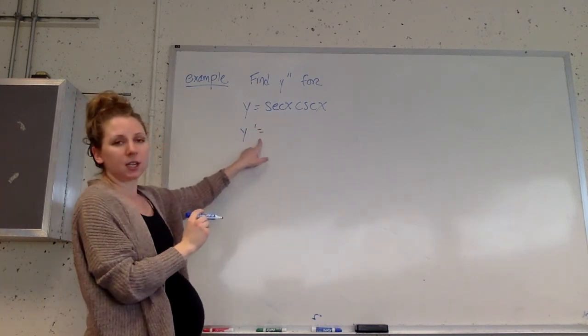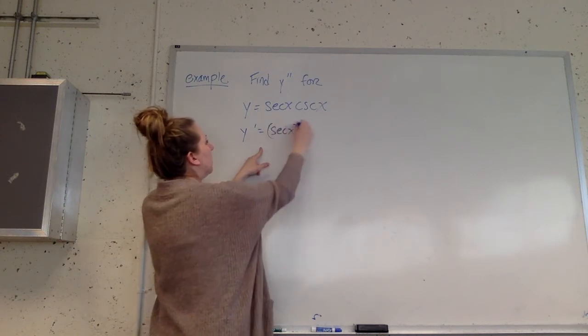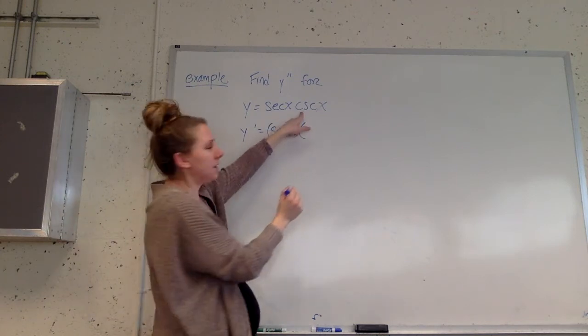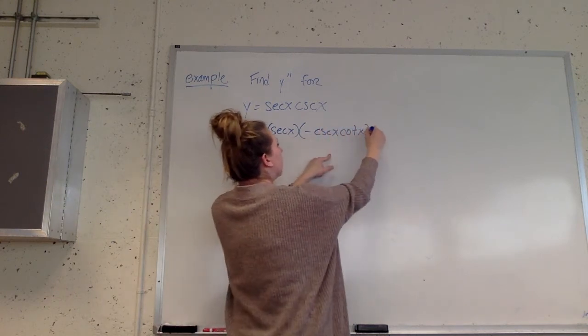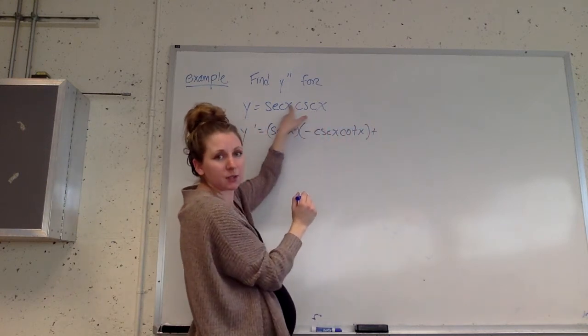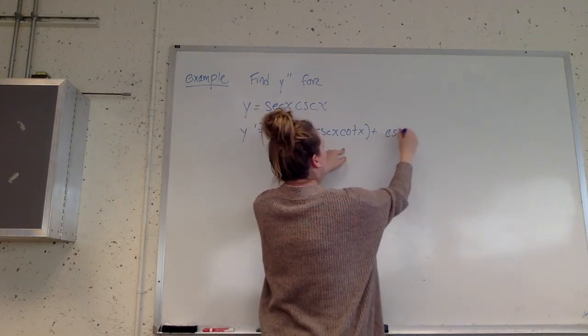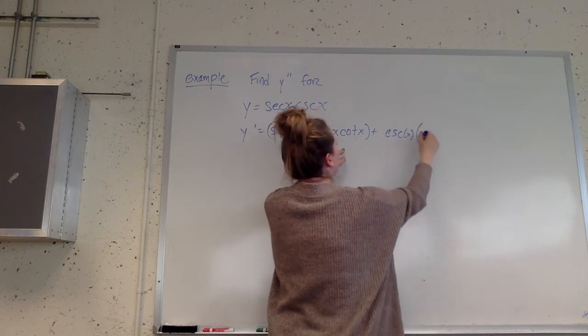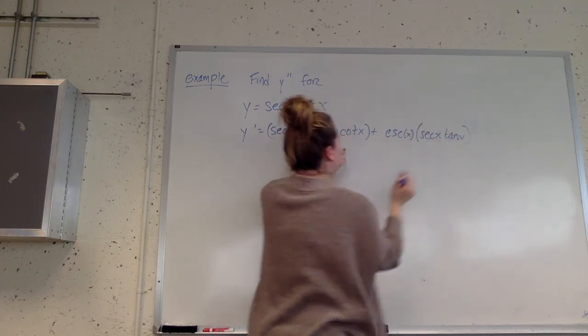Y prime is going to equal the first times the derivative of the second plus the second times the derivative of the first. Okay.